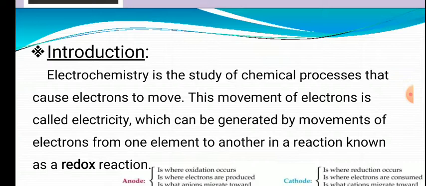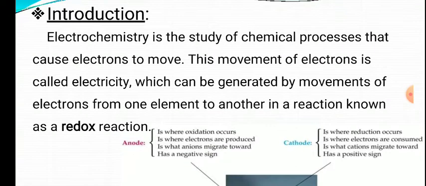It can be generated by movement of electron from one element to another element, but here a chemical reaction is involved, known as the redox reaction, and as a result of the redox reaction, we get some free electrons, and the free electrons move, and we will get the electricity.